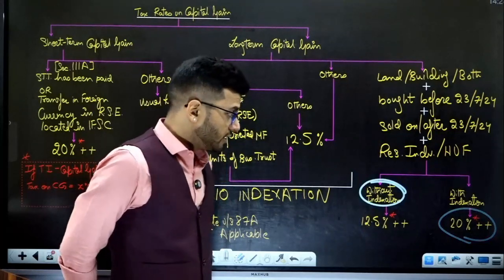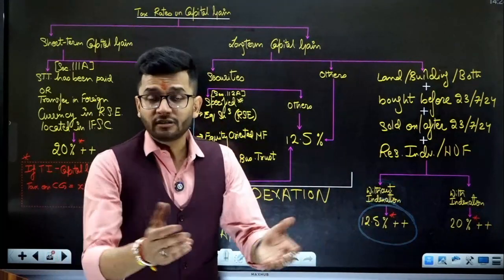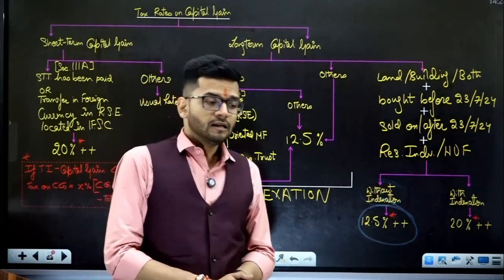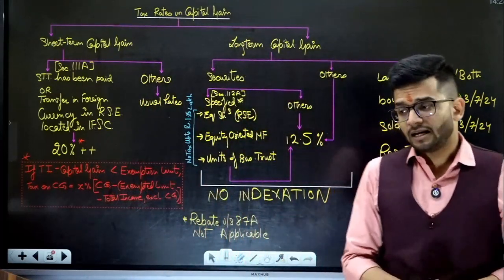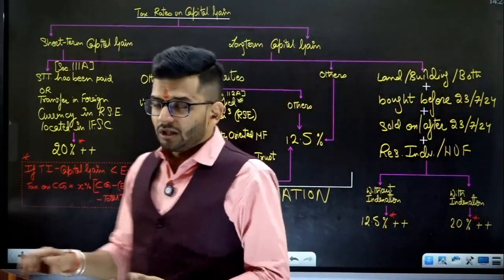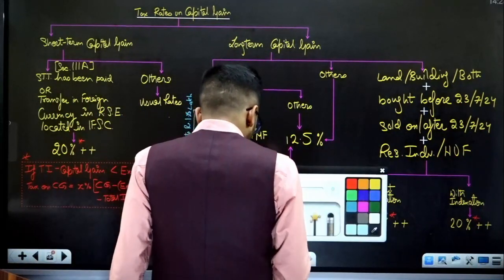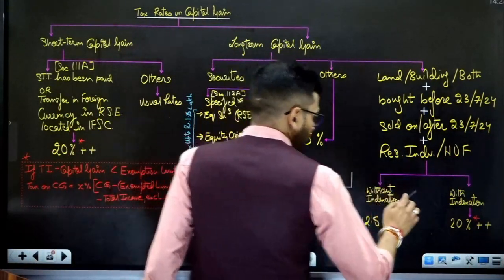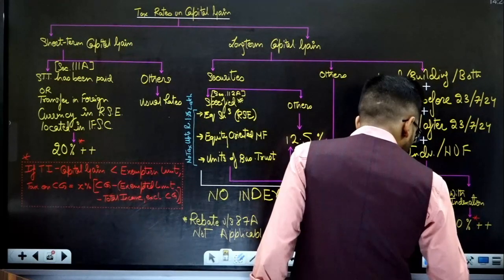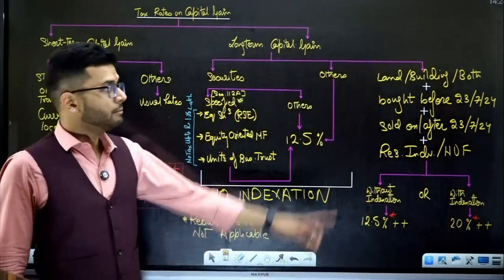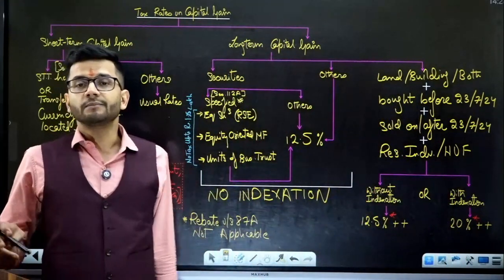Now it's your prerogative. Wherever you find benefit, wherever your tax computation is reduced, at that rate you can pay your tax. So I'll also write an "or" in between these two, because this is an option which is given to the assessee. But yes, these four conditions are required to be satisfied.